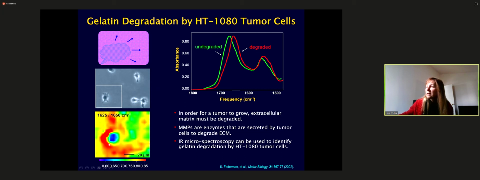You can see that the high gelatin degradation actually extends almost 15 to 20 microns away from the edge of the cell. So this image is really telling us that the cell was able to secrete the MMP enzyme into the matrix so that it can do more damage in breaking down the matrix around it, instead of being very close up.